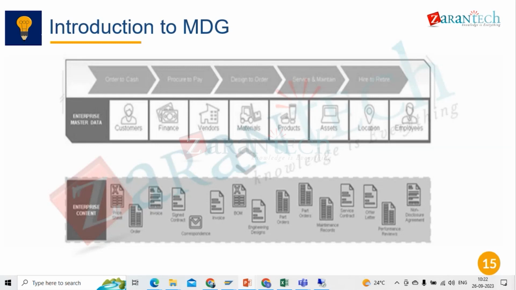I have a requirement to purchase some products from your company. At that time, I am a customer of your company. Let's assume that I am going to order some products from your company.